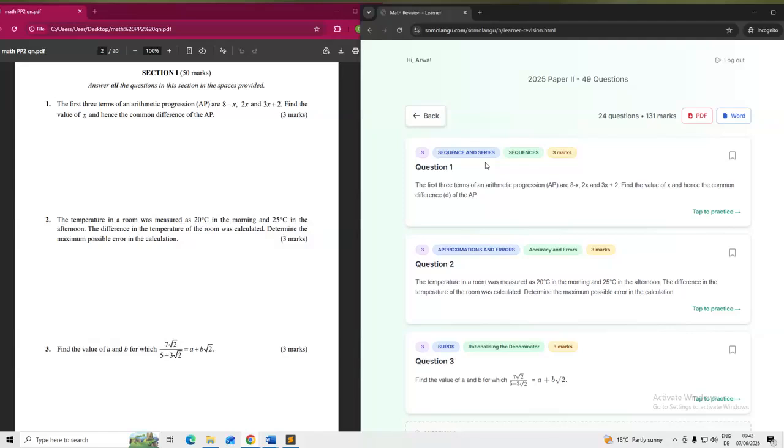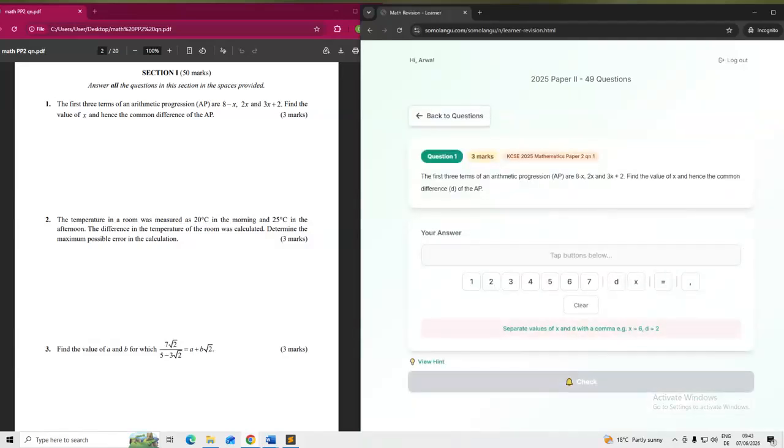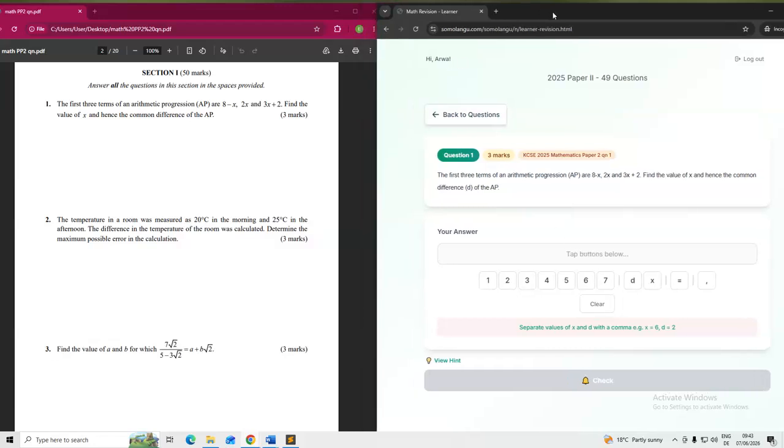Students are given the first 3 terms of an arithmetic progression and are required to determine the value of x and the common difference. The key concept being tested here is the defining property of an arithmetic progression. That is, consecutive terms differ by the same constant.